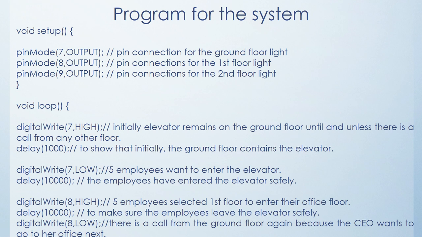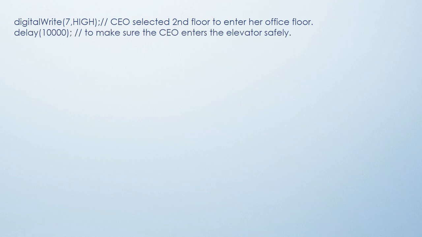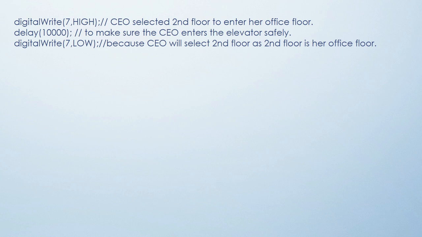Definitely the CEO came at 10 a.m. In front of the ground floor, the CEO was waiting to use the lift. So as soon as the employees reach their first floor, the CEO will call the lift towards the ground floor, which means pin number 7 is again activated.